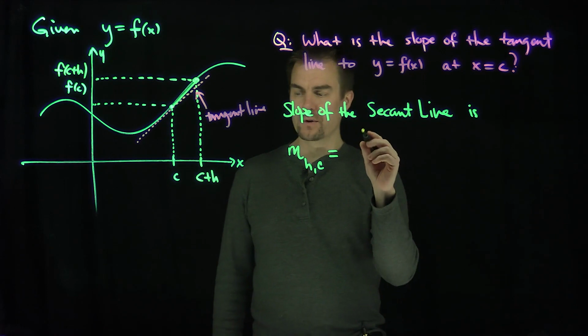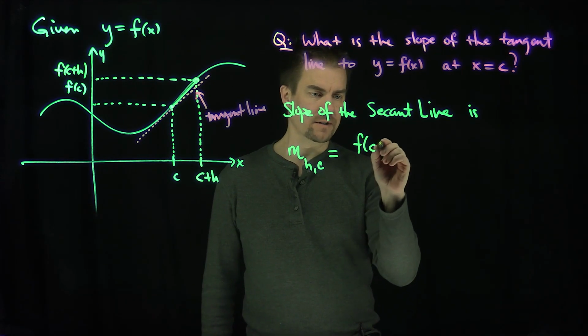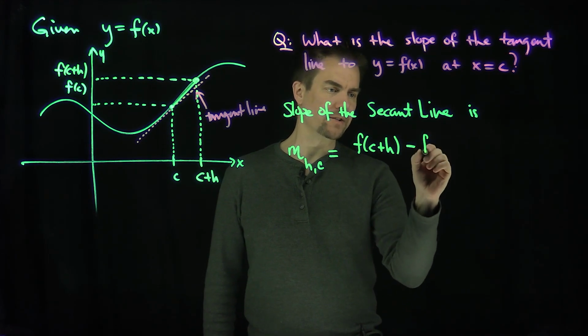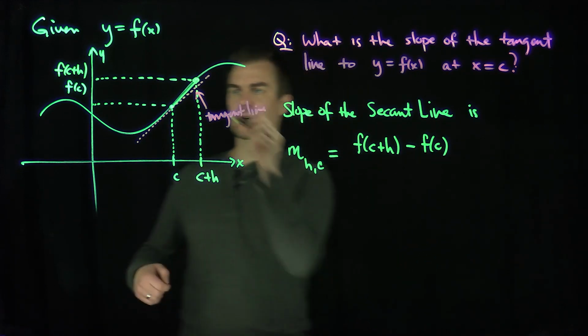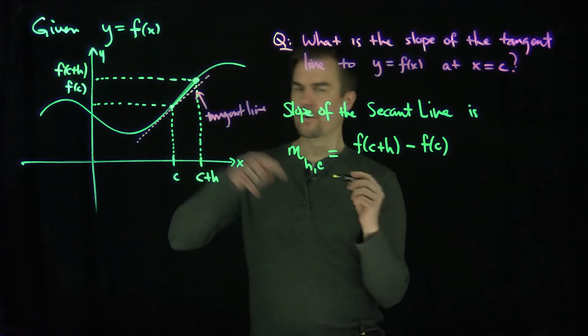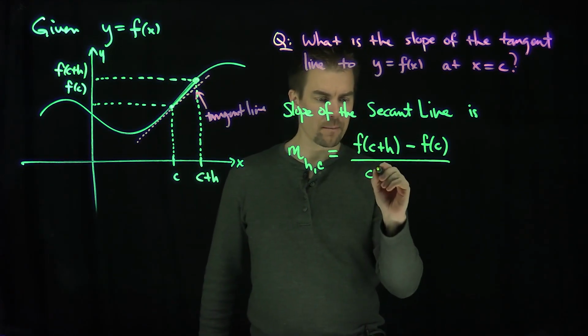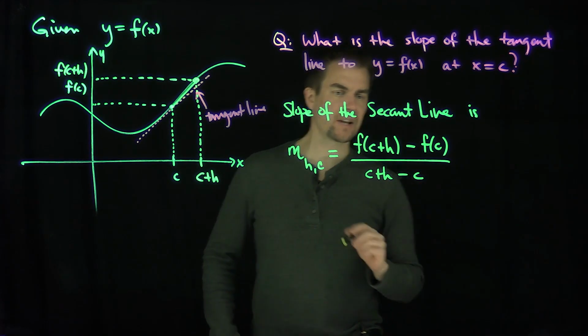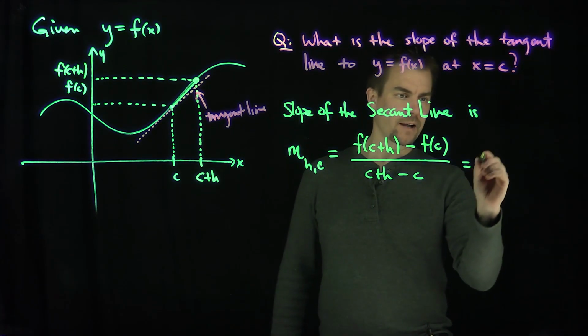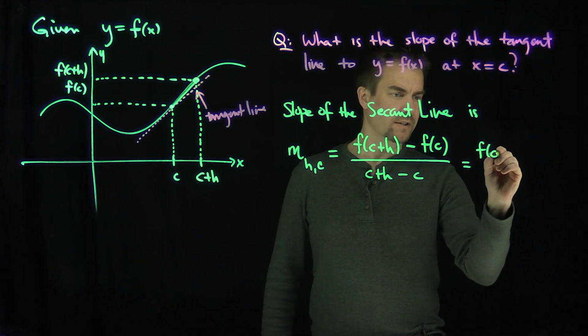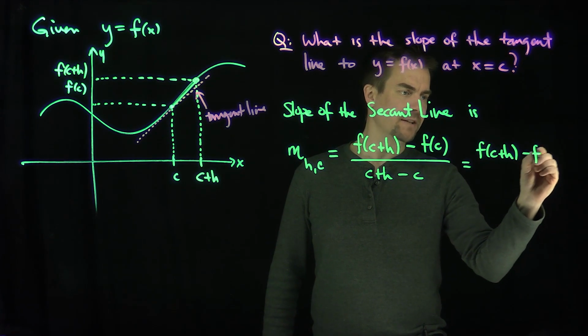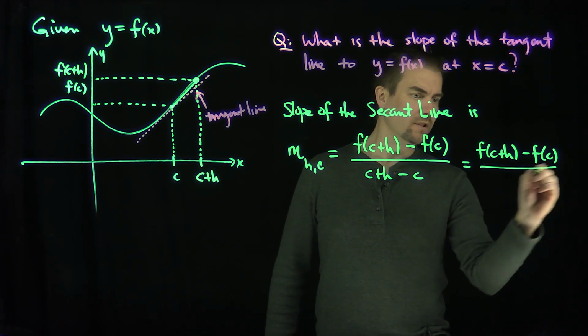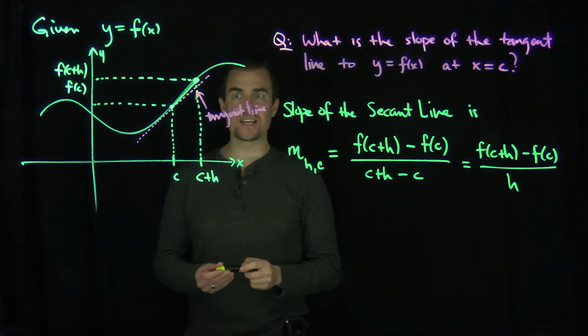It is going to be f of c plus h minus f of c, the rise, over the run, c plus h minus c. And so this will simplify to f of c plus h minus f of c, all divided by h. So that's the slope of the secant line.